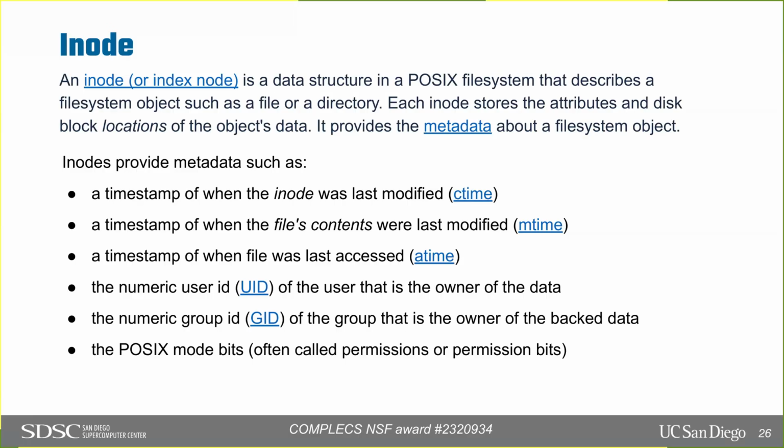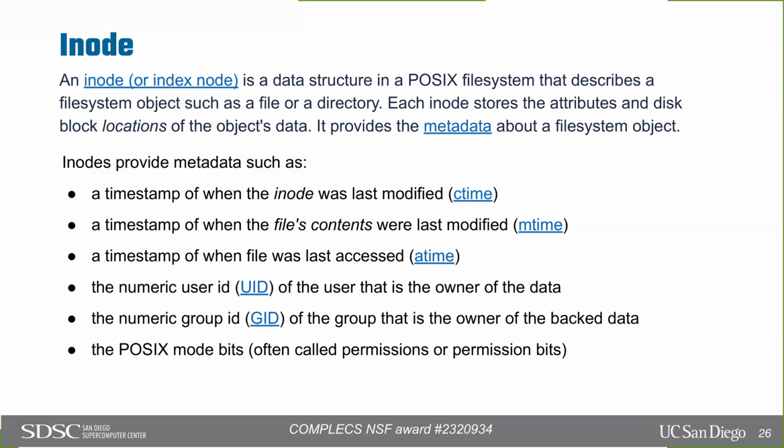And this is basically what's used to provide the metadata about that file system object, the file or the directory. So it's all the stuff. There was some discussion in the chat about permissions and inheritance, and there's all sorts of metadata that are always tied to a file or a directory on a file system.